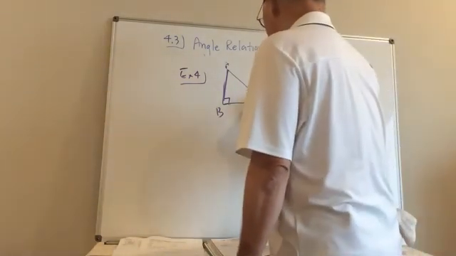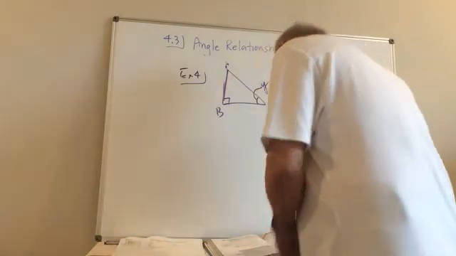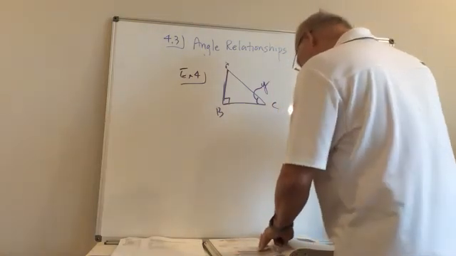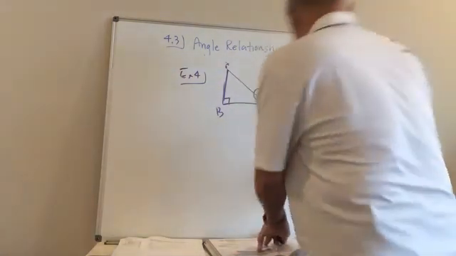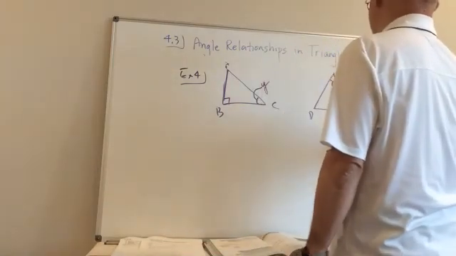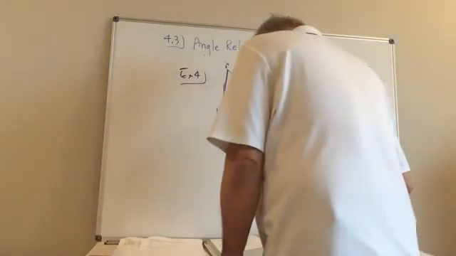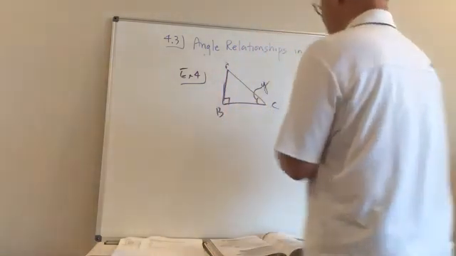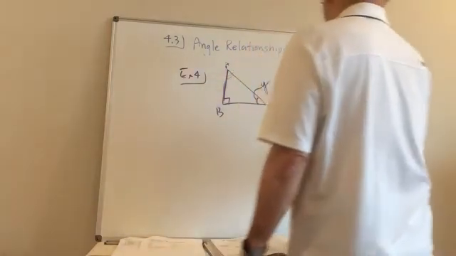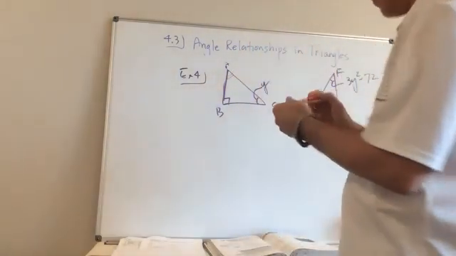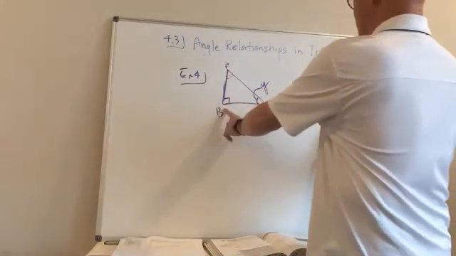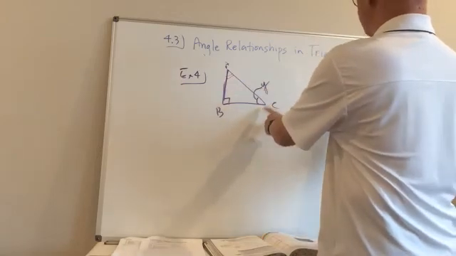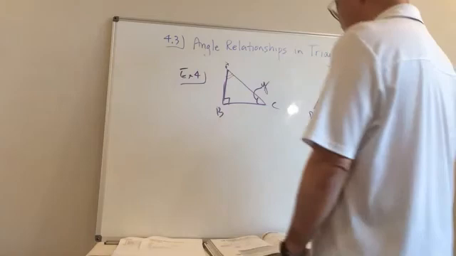Angle C here is y, and this angle here is 3y squared minus 72. I've been told that this angle and this angle are the same. This is 90 degrees, these two are the same, which means the other ones that are left have to be the same.